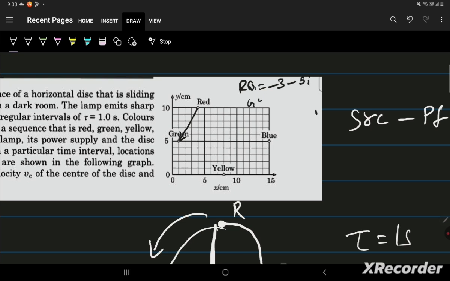Now gy is equal to 7 minus 5 iota, and yb is equal to 7 plus 5 iota. Now we'll be trying to plot it in GeoGebra. We can also plot it simply using paper and pen, but I prefer GeoGebra here.